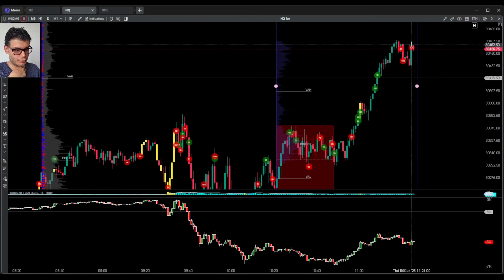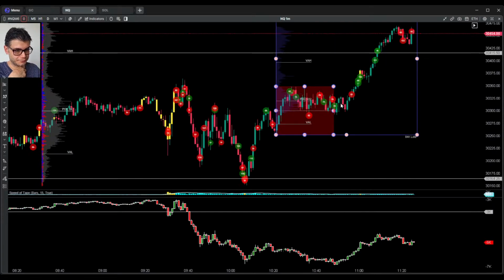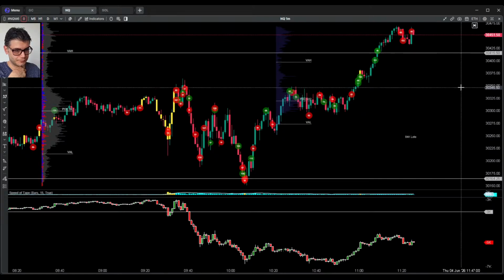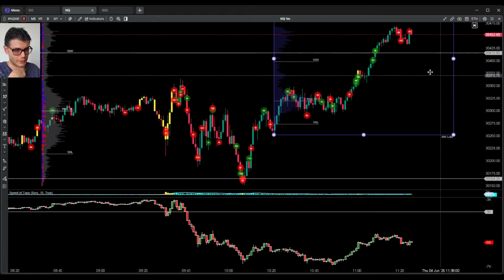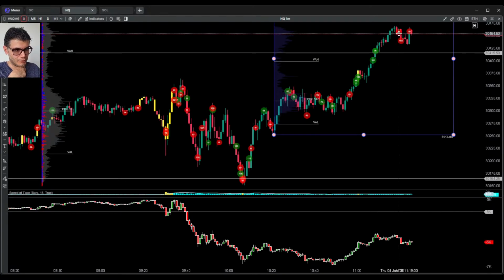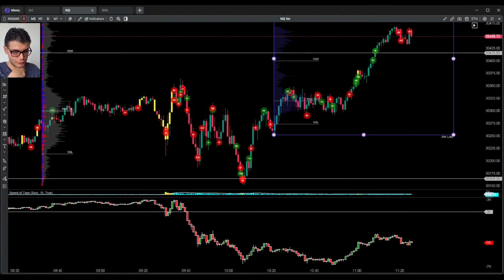Now we have more sellers at the highs. Sellers have a lot of work at the highs to do before the market turns bearish. Their job is very, very hard now.